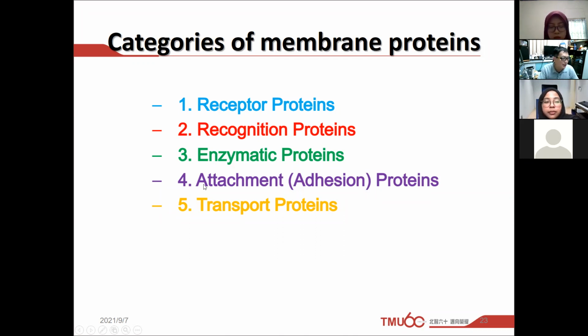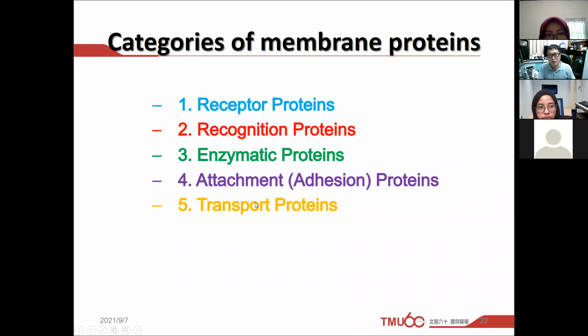Another one is the attachment or adhesion protein. For example, leukocytes, white cells, in order to respond to injury or inflammation, need to be recruited to the injury site by those adhesion molecules, right? For movement and staying, to clean the pathogen or for healing of tissue.